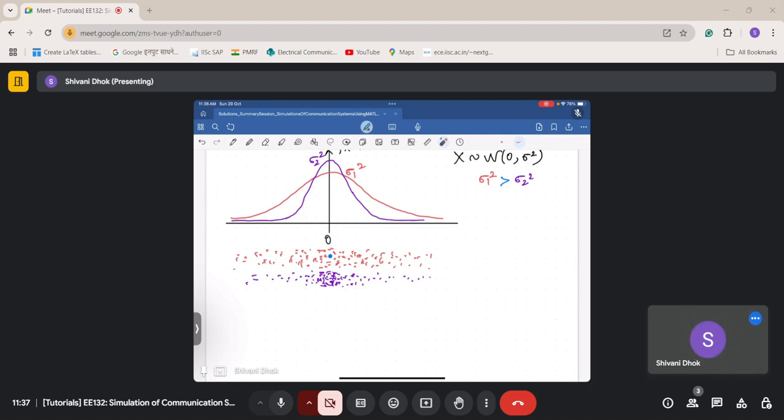Let us try to understand it more in MATLAB. I forgot to initialize it actually. We initialize MATLAB and share my screen.